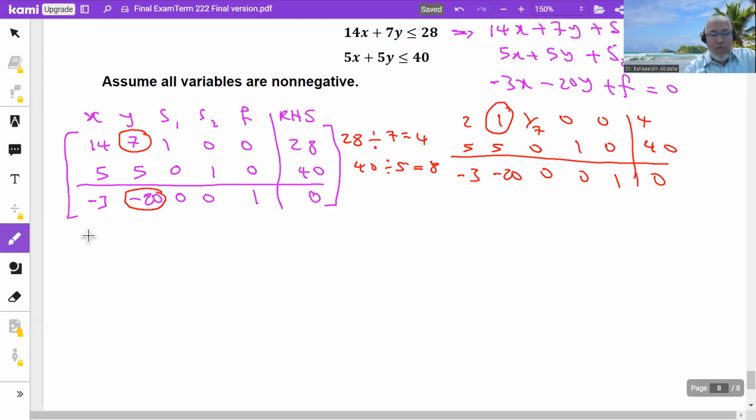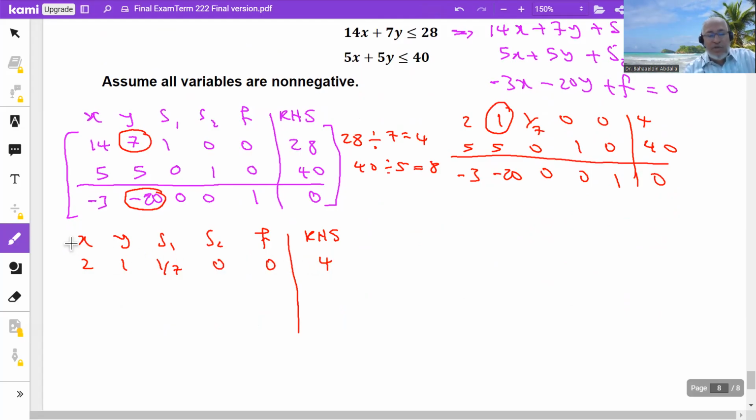So the new tableau would be X, Y, S1, S2, F, and right-hand side. The first row is there without change. But now I need to change the second row. How? Multiply R1 by negative 5 and add R2, to make this number 0.